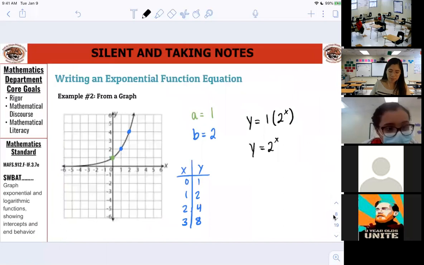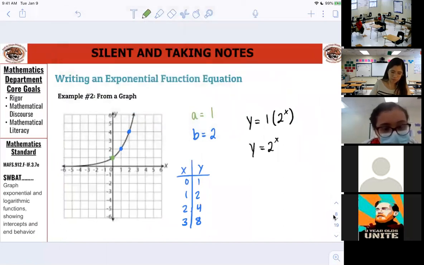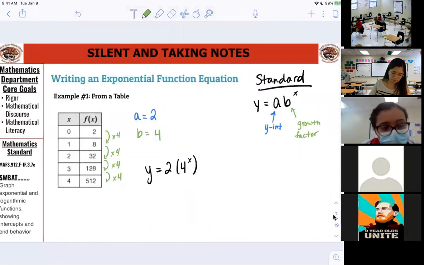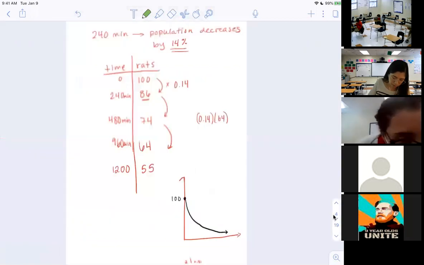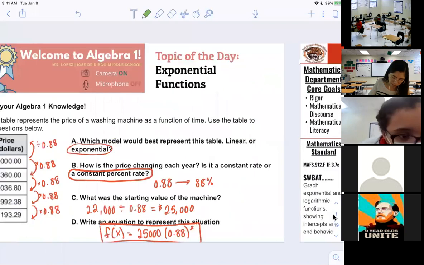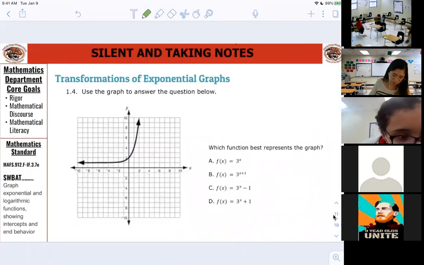What was the y-intercept of this one? The y-intercept was 1. Okay, what's the coordinate point? 0, 1. Let me find another graph. Okay, what's the y-intercept of this one?